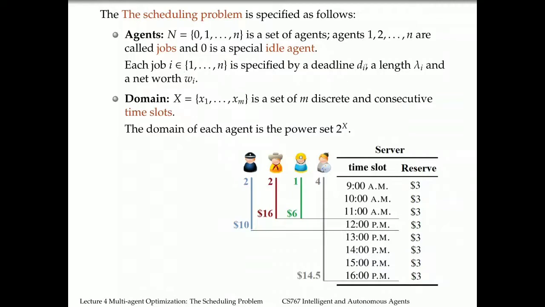And also each job agent is specified by a deadline, a length, and a net worth, which are represented by D, lambda, and W, respectively. There's a domain, which is a set of time slots that the agents can purchase. And we assume that there are in total m discrete and consecutive time slots.